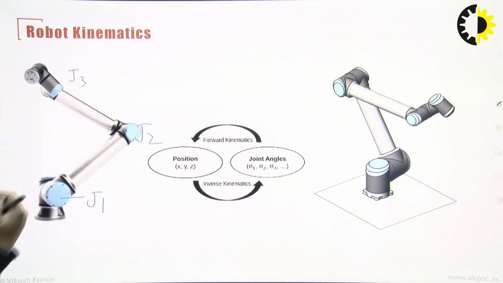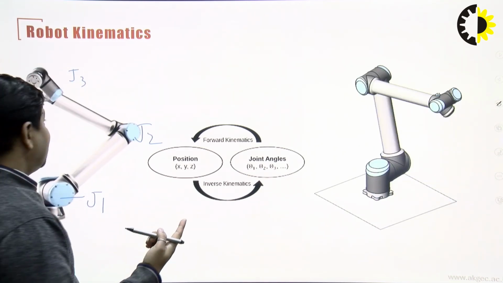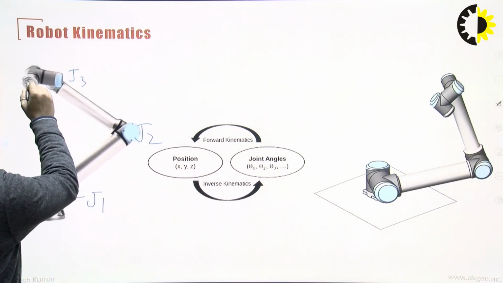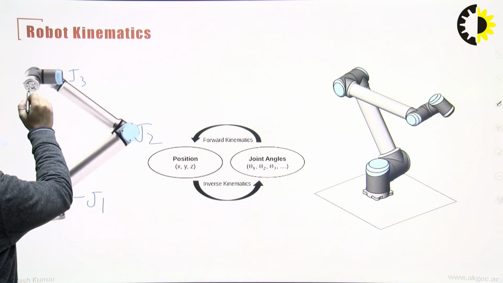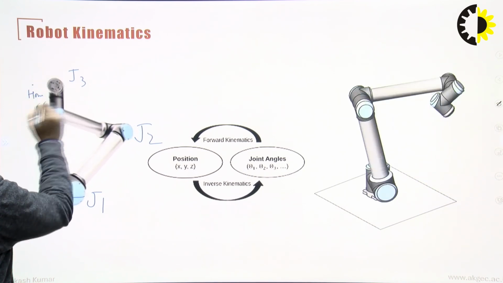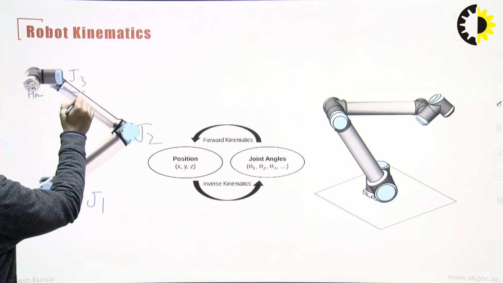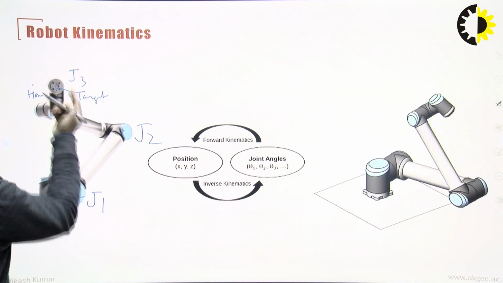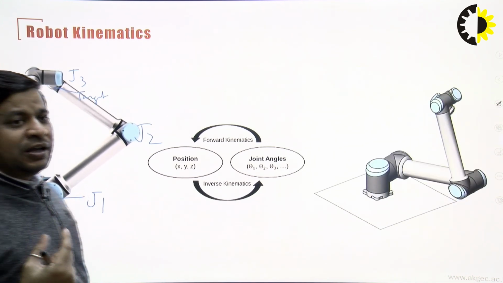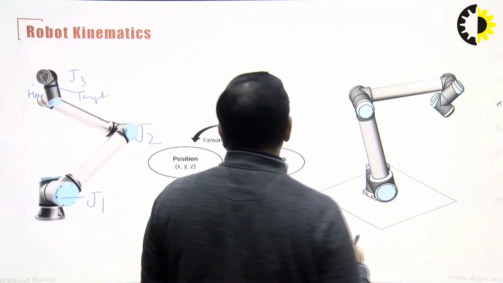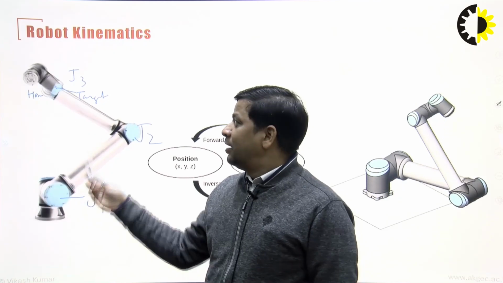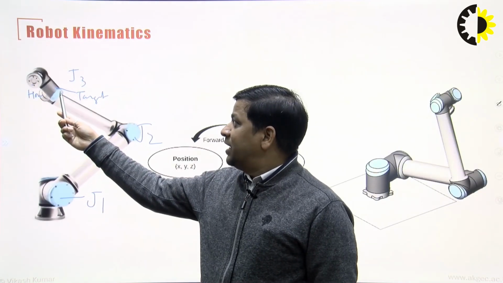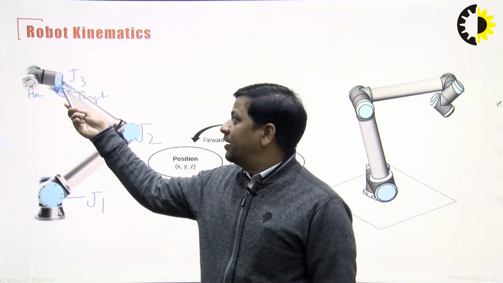Every time our end effector is achieving the same position. So, this is the home position, and this is the target position. Every time my robot is moving in such a manner where the robot is configured with a similar angle, but always achieving the same target here.